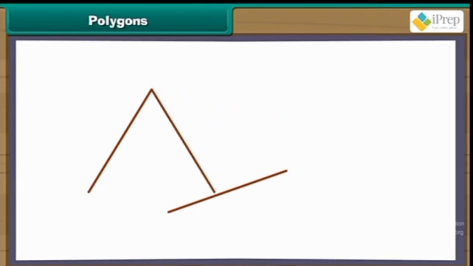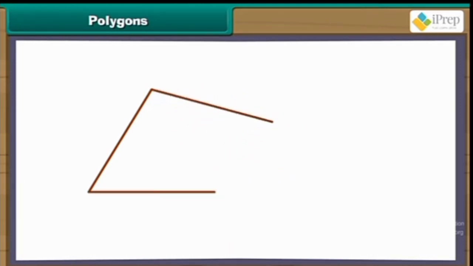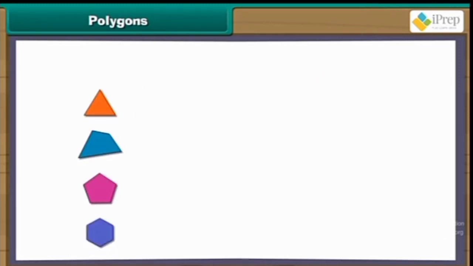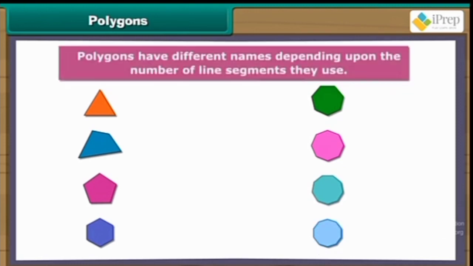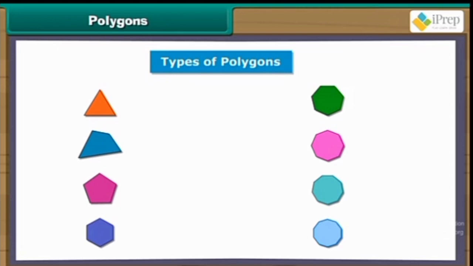We can form different shapes by enclosing them with line segments on all sides. Such closed figures are known as polygons. Polygons have different names depending upon the number of line segments they use. Here we look at the following types of polygons.